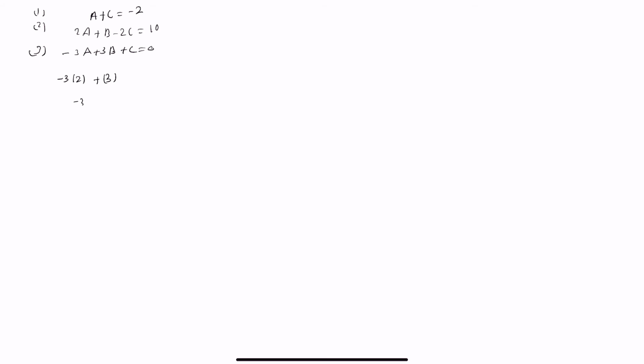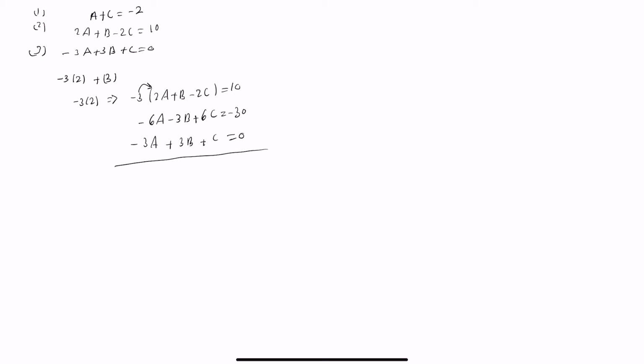So minus 3 multiplied by equation number 2 is minus 3 times 2a plus b minus 2c equal to 10. Now let's multiply this. It's going to be minus 6a minus 3b plus 6c equal to minus 30. Now let's bring in equation number 3: minus 3a plus 3b plus c equal to 0.